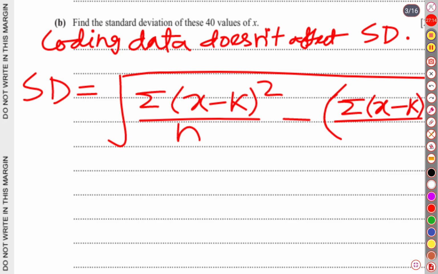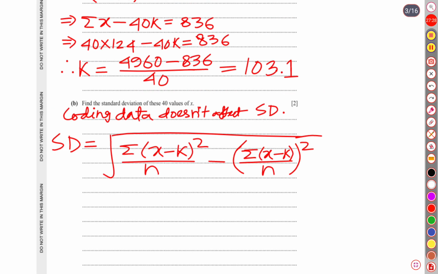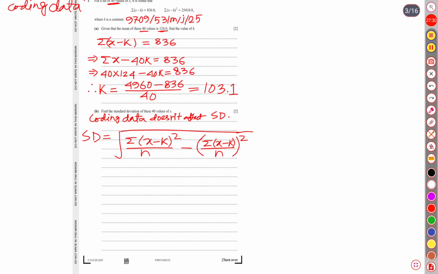A value is given, but we are going to use the exact values.